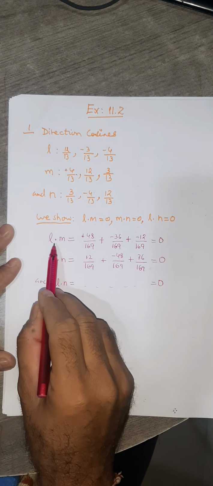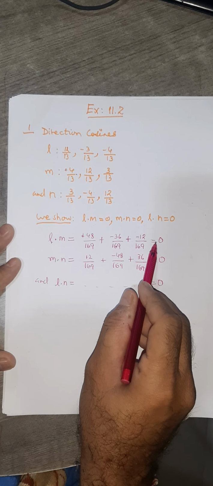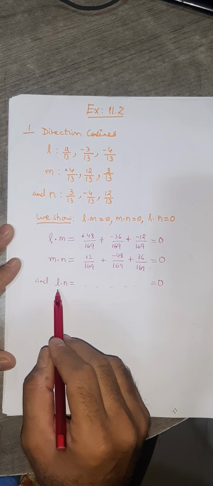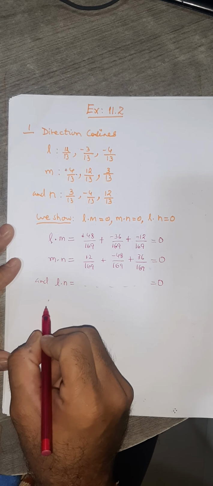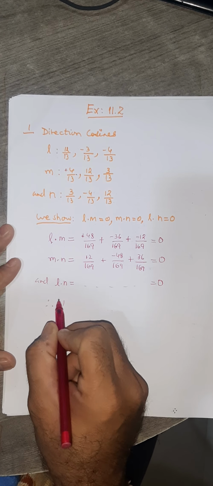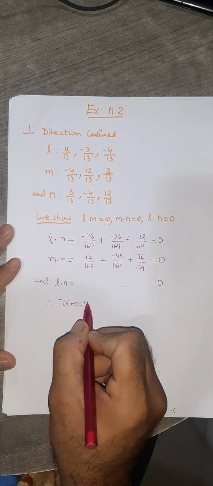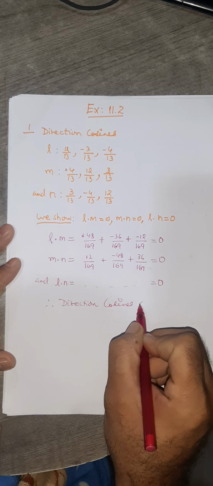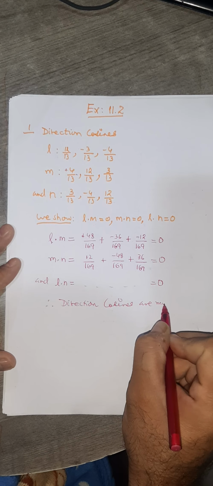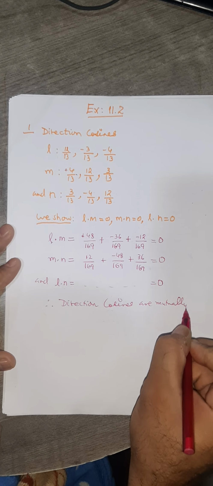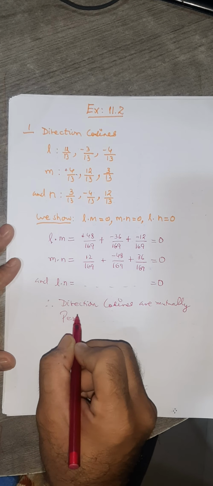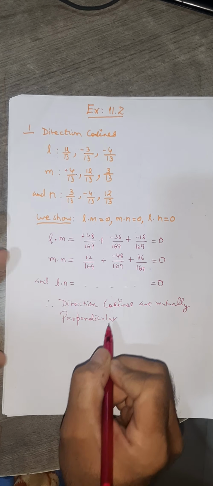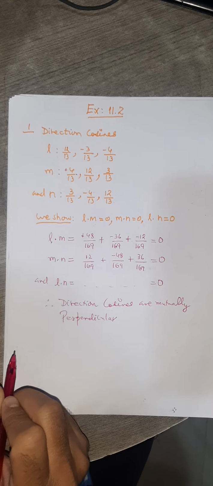So L dot M equals 0 means L and M are perpendicular, M and N are perpendicular, N and L are perpendicular. Therefore you can say that direction cosines are mutually perpendicular. That's what you wanted to prove. Fine, that's the first question.